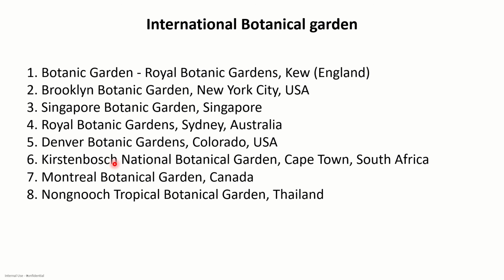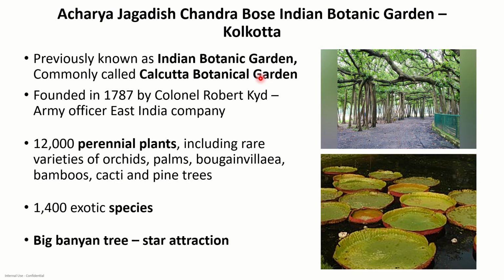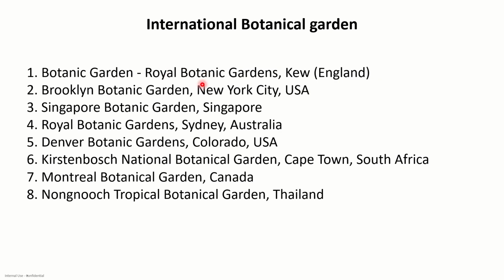Then Kirstenbosch National Botanical Garden, Cape Town, South Africa. Montreal Botanical Garden in Canada, and Nong Nooch Tropical Botanical Garden in Thailand. Among these, the largest one in the world is the Royal Botanic Garden, Kew, England. And in India, the largest is our Shibpur Botanic Garden, or Indian Botanic Garden. Please note these two names: the largest one in India and the largest one in the world.